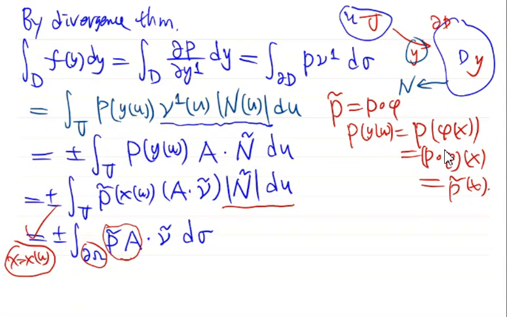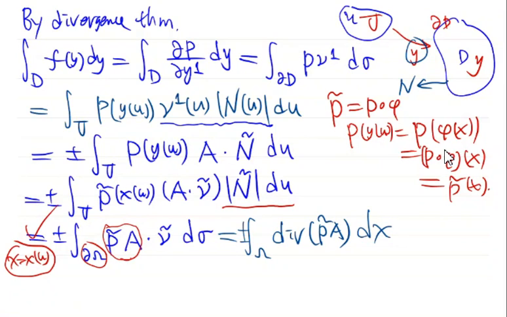Now we apply the divergence theorem again. This integral can be transformed into the integral over the domain omega of the divergence of p tilde a.